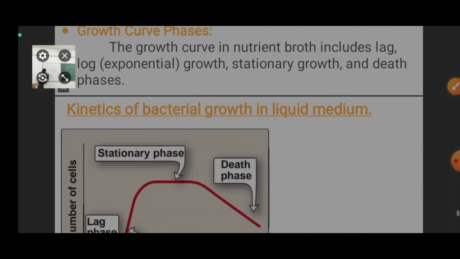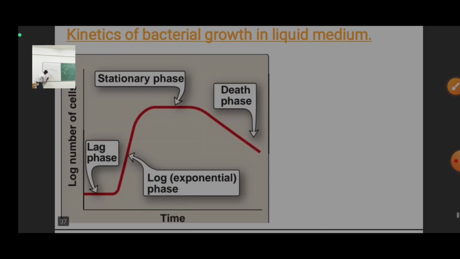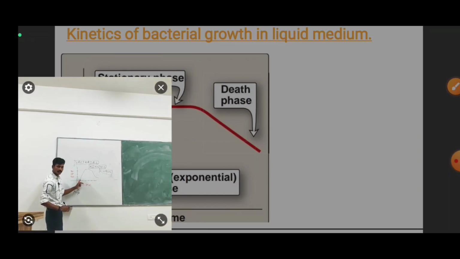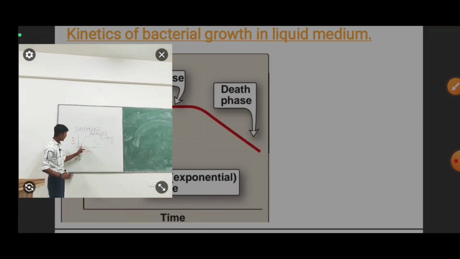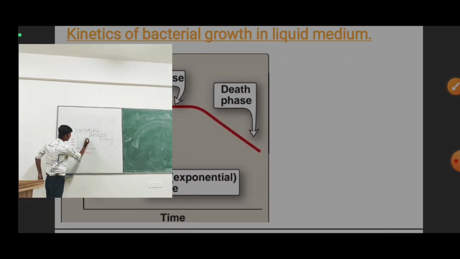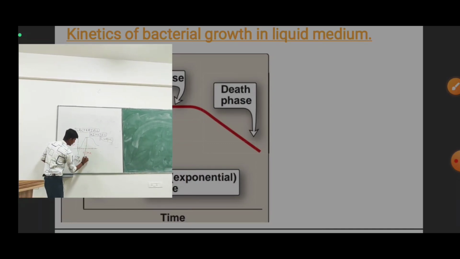This phase is called the lag phase. In the lag phase they first grow slowly, and then they make too much growth. After that you see the curve becomes straight, their growth is suspended, and this point is called the stationary phase.